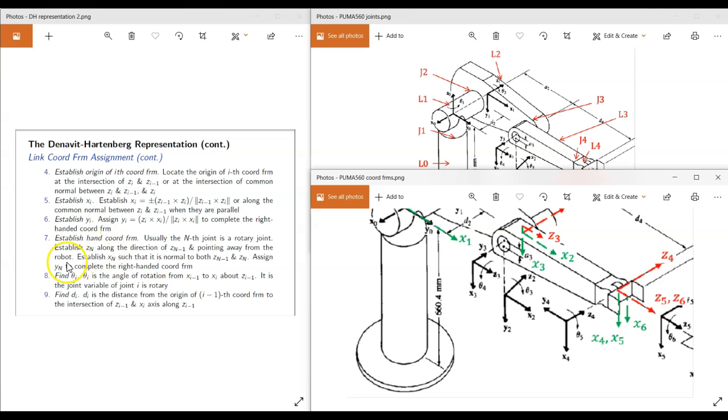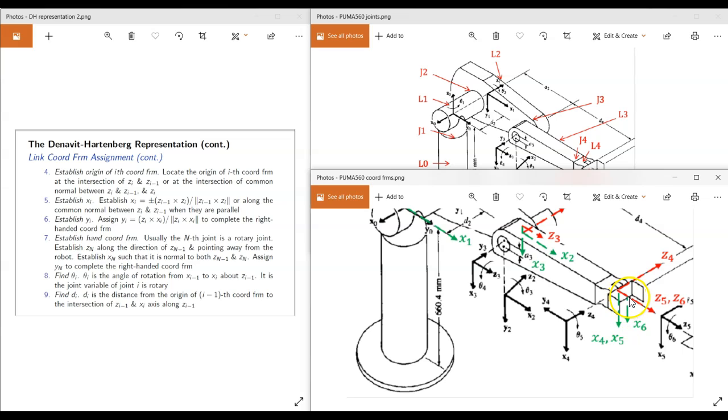And pointing away from the robot, which is true. Establish X6 such that it's normal to both Z5 and Z6. So I can choose the origin to be anywhere. It can be either at the end of the tip or in the middle of the end effector.